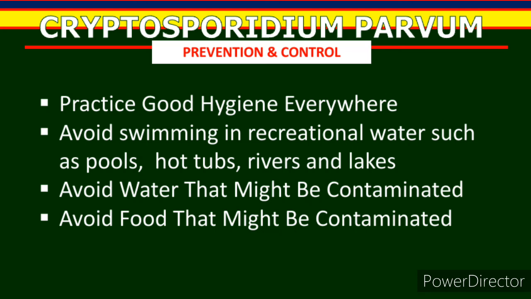Avoid water that might be contaminated. Do not drink untreated water or use untreated ice from lakes, rivers, springs, ponds, streams, or shallow wells. Follow advice given during local drinking water advisories. And avoid food that might be contaminated with animal feces.